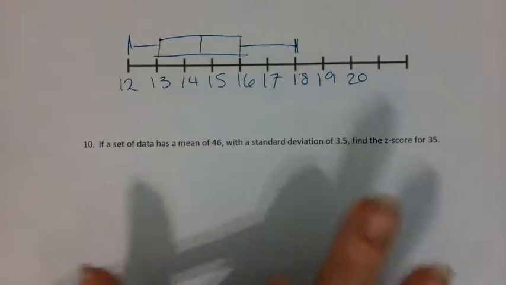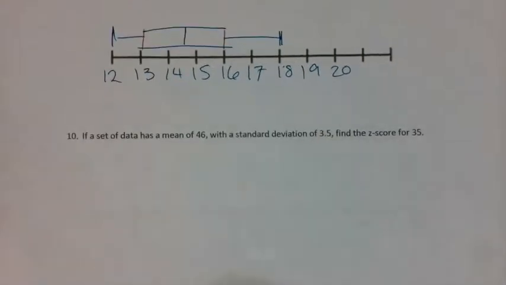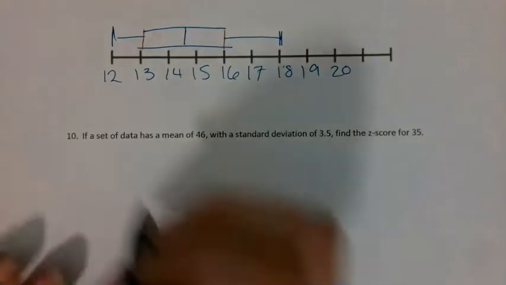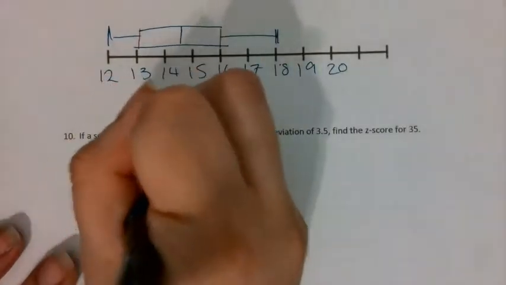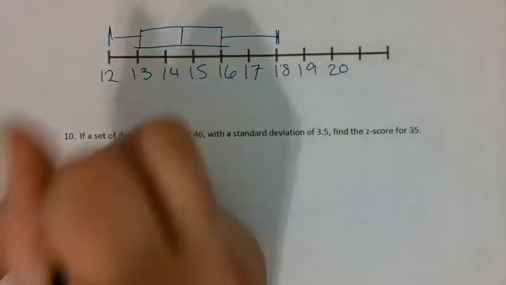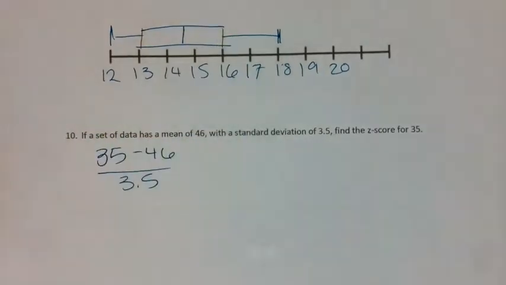Number 10 says, if a set of data has a mean of 46 with a standard deviation of 3.5, find the z-score for 35. So I take this number minus my mean over my standard deviation. Then what I want to do next is just find this on the calculator.